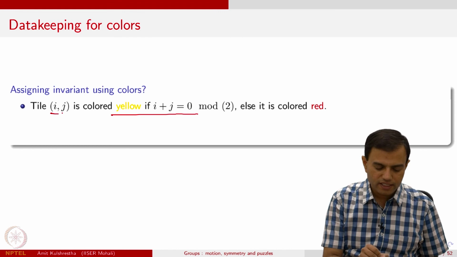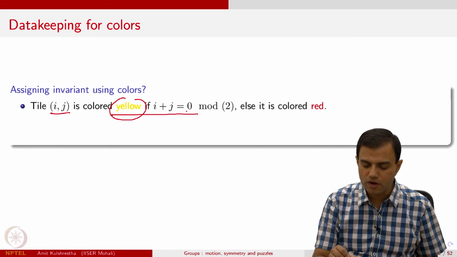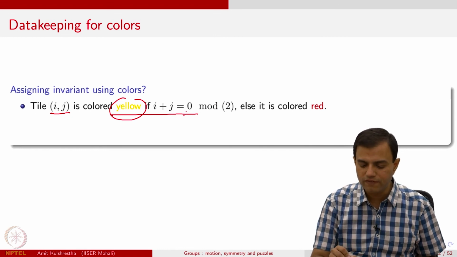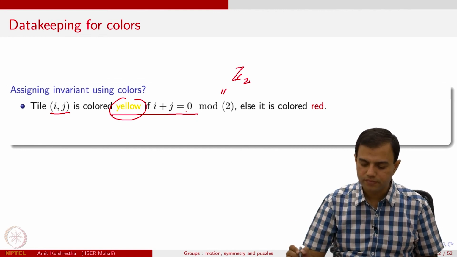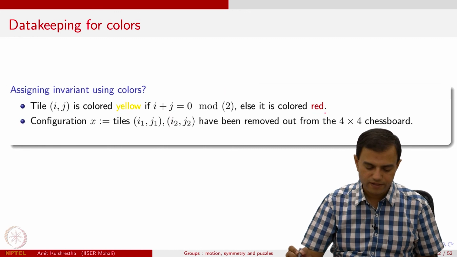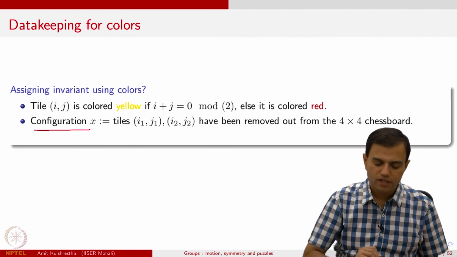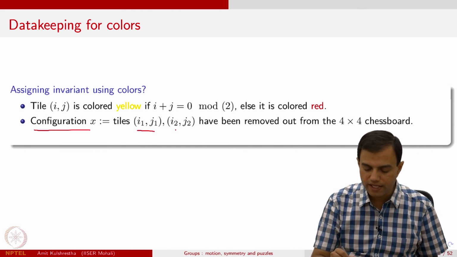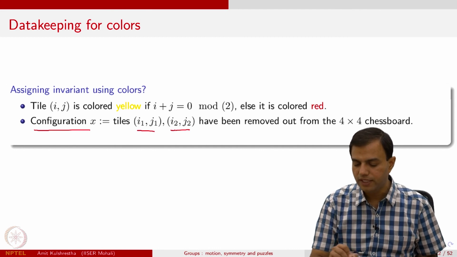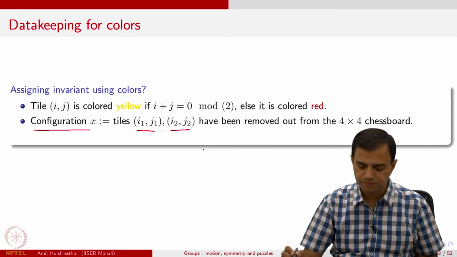So tile ij is colored yellow if i plus j is congruent to 0 mod 2. So i plus j is having value 0 in the group Z2. Otherwise, it's colored red. And what is configuration X? Configuration X is tiles with these coordinates, i1, j1, one tile, and the other tile with coordinates i2, j2, they have been removed from the 4x4 chessboard.